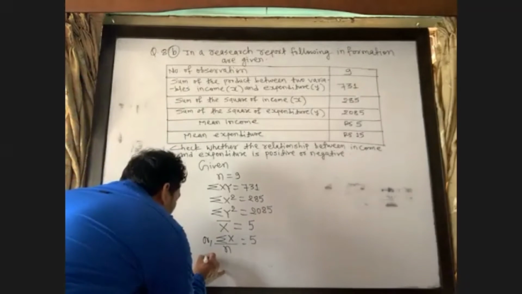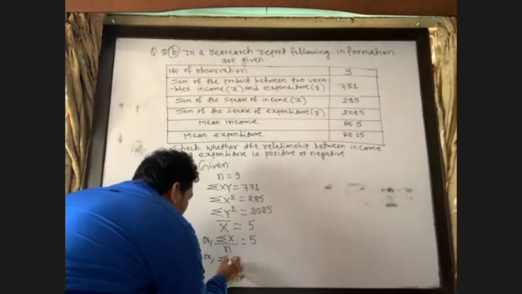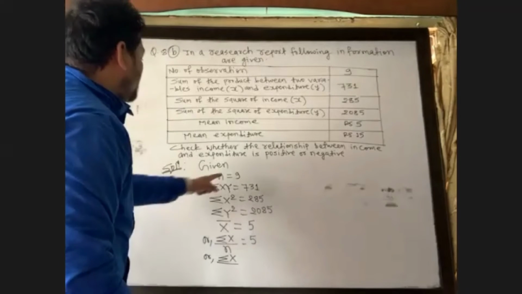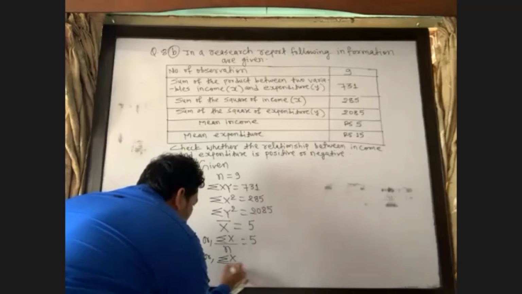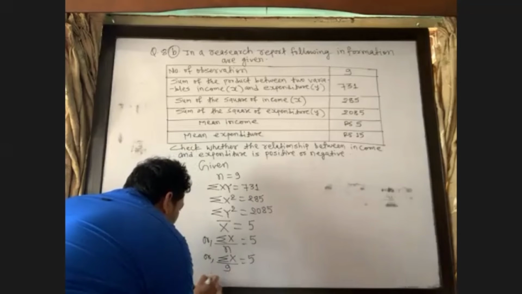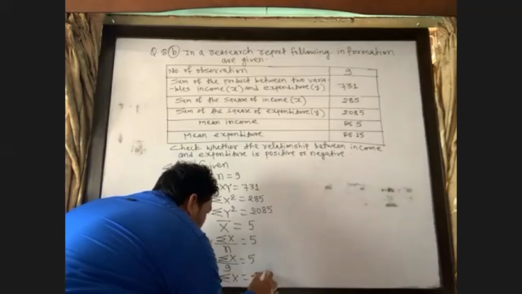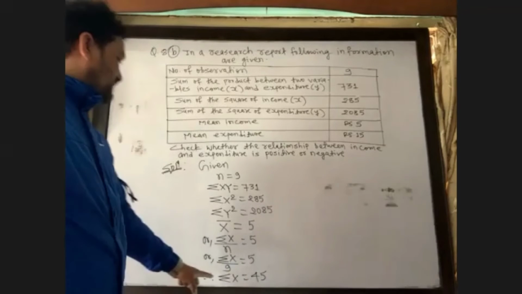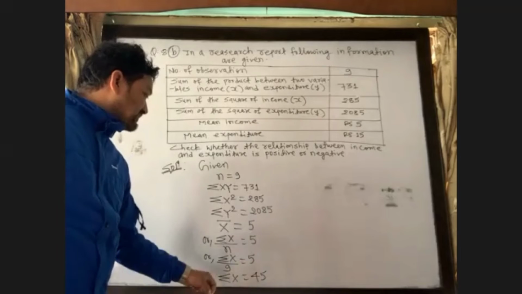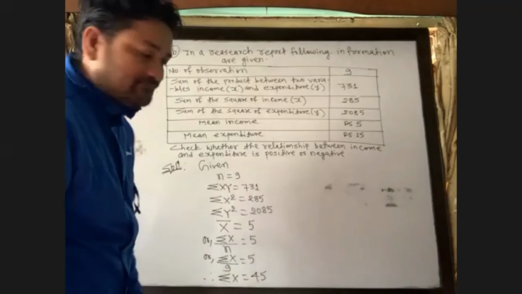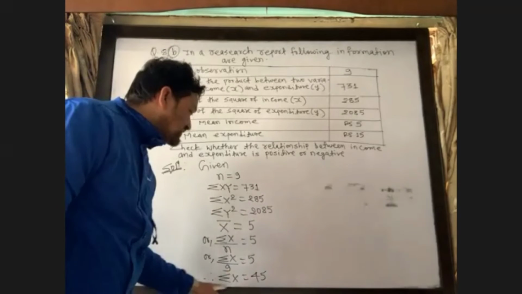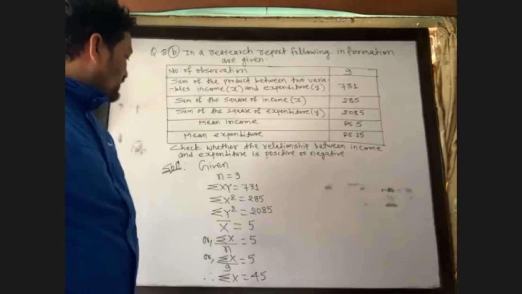Summation x divided by n भनेको n 9 is equals to 5. Therefore हामीलाई यसबाट के आयो त summation x is equals to 9 5 जा 45 जुन हामीलाई फर्मुलामा चाहिन्छ. Summation x is equals to 45 आयो.